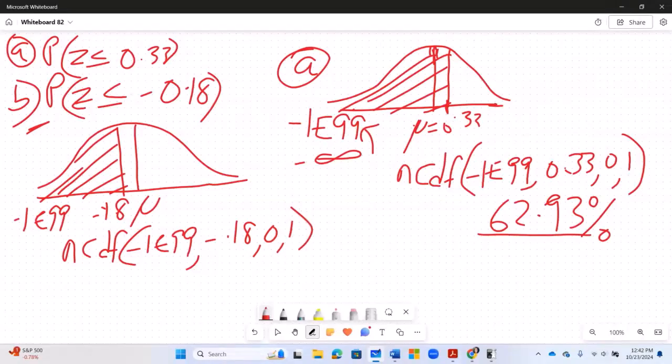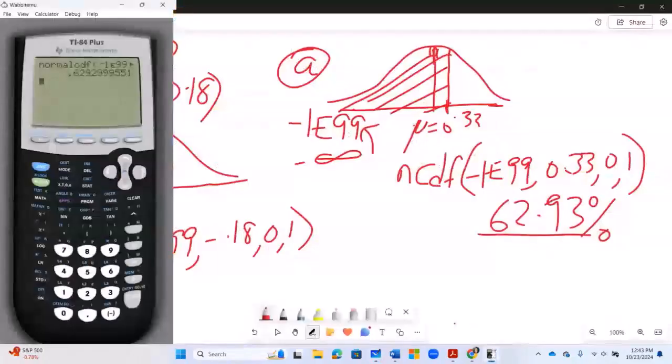So I'll pull my calculator up and feed my calculator with what I'm looking for. All right, so normal CDF, second distribution. Normal CDF is number 2. The lower bound is negative infinity.